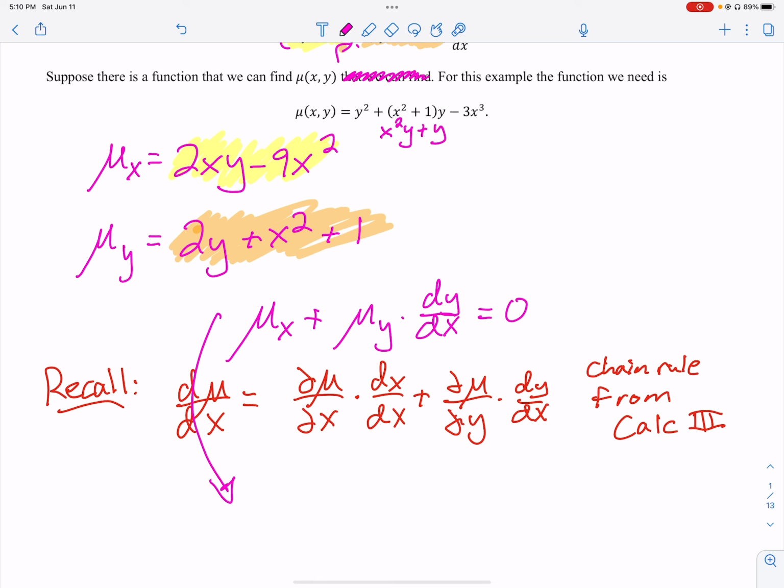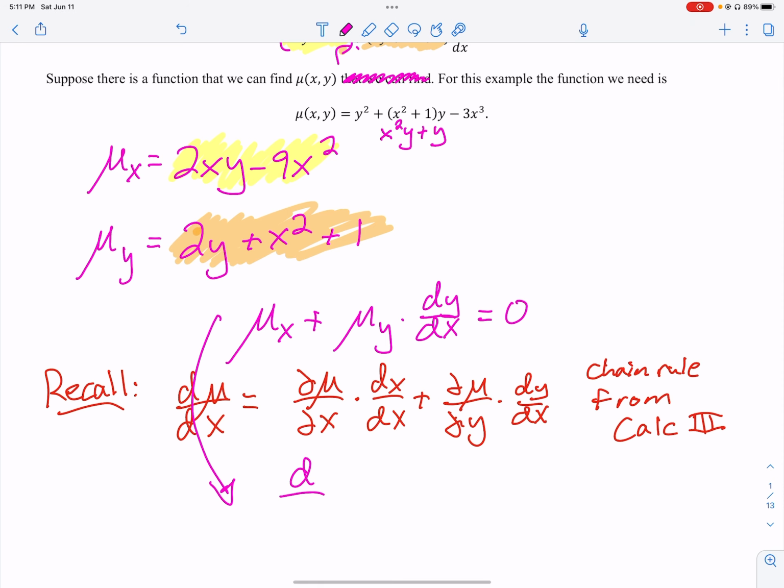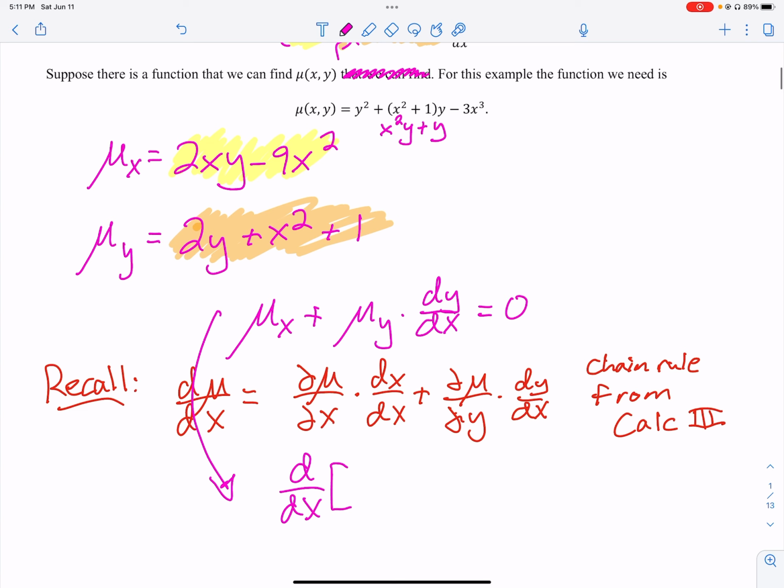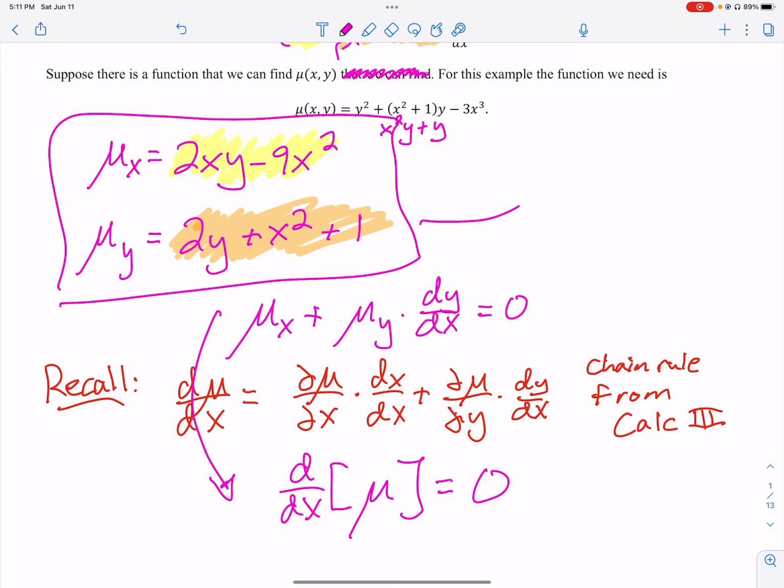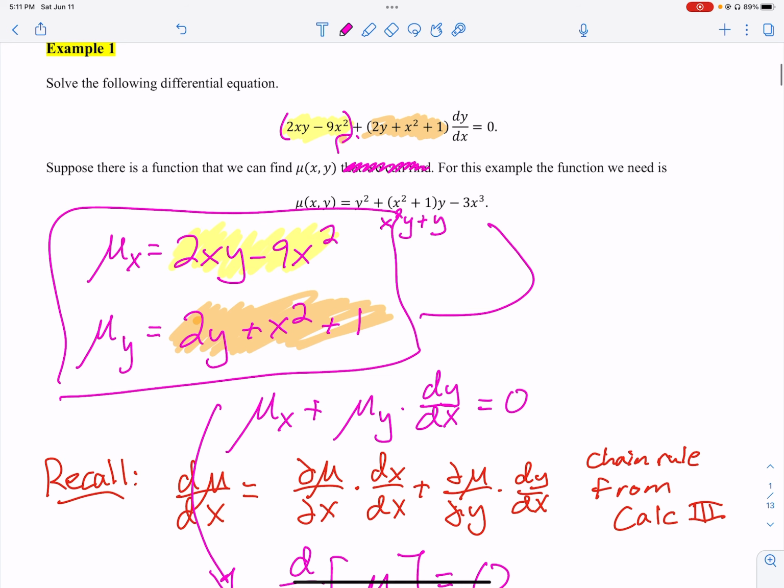So I can actually rewrite this DE here as the derivative of mu, and that's equal to 0. So what we did is we know for exact equations that we have this. We just observed it, right? That was in our DE above.